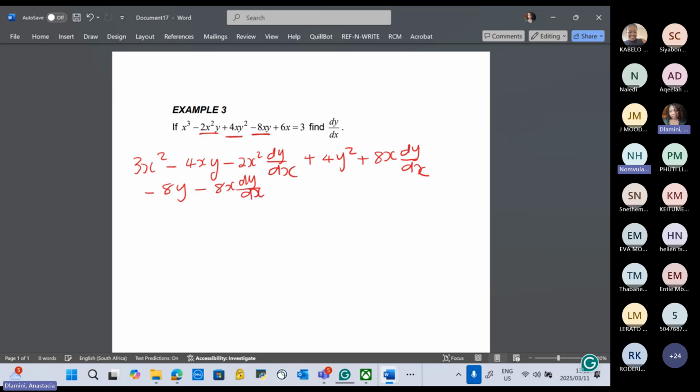The second function, the 4xy squared. Okay, so we have 4xy squared, so this will be 4y squared minus 8x. Aren't we applying the product rule on 4xy squared?